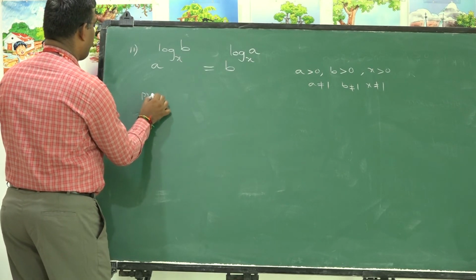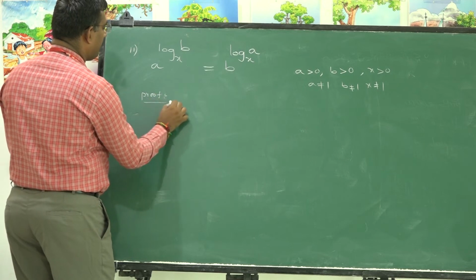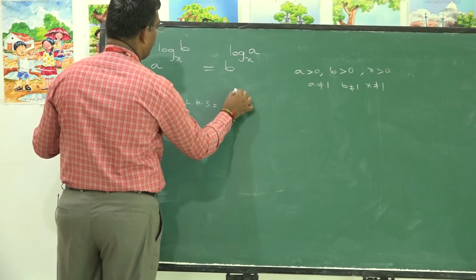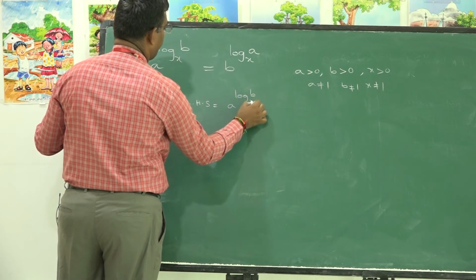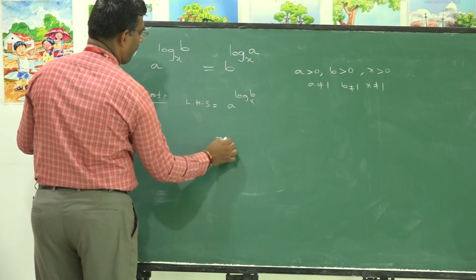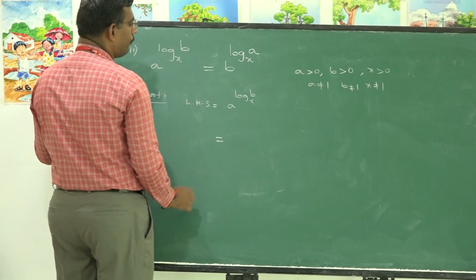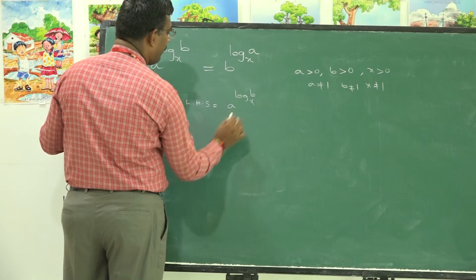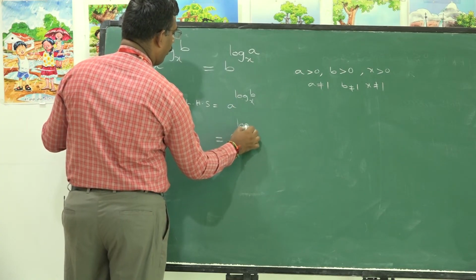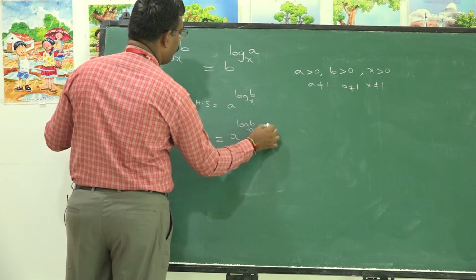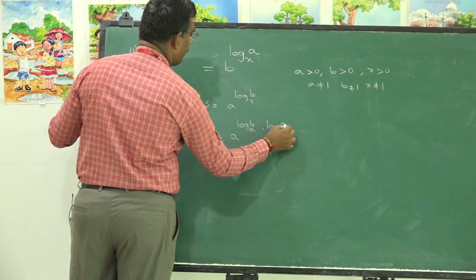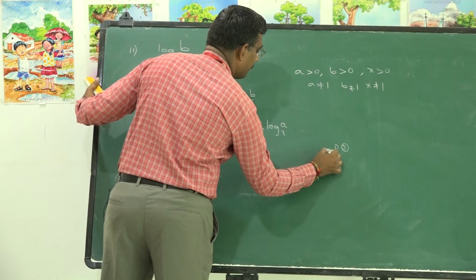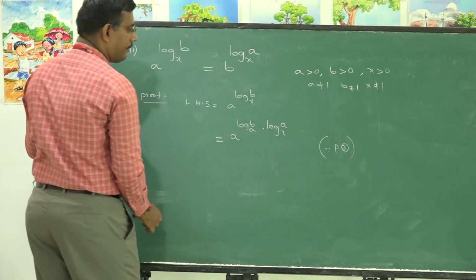Proof. LHS is equal to a power log b base x. Now we use the third property. We write log b base x as log b base a into log a base x, from property number 3.